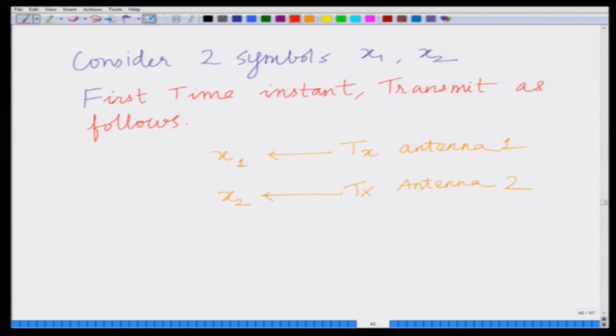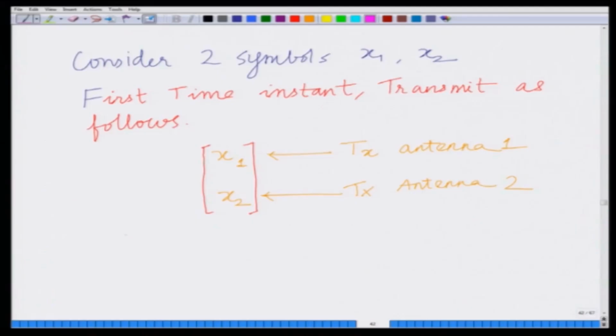So in the first transmit instant, our transmit vector is [x1 x2], where x1 is the symbol transmitted from transmit antenna 1 and x2 is the symbol transmitted from transmit antenna 2. Therefore, the received symbol y1 is given as y1 equals [h1 h2] [x1 x2]^T plus w1.